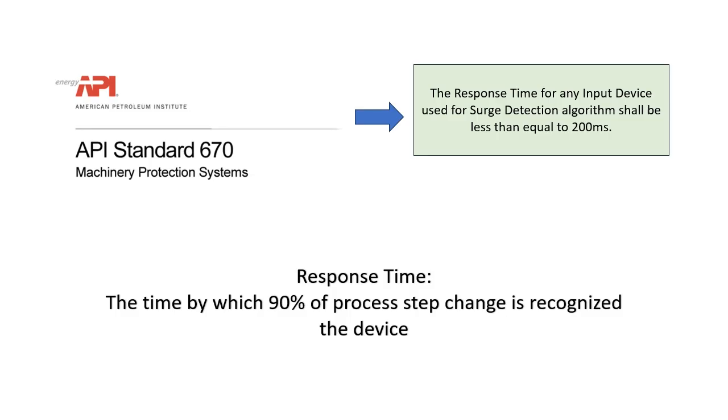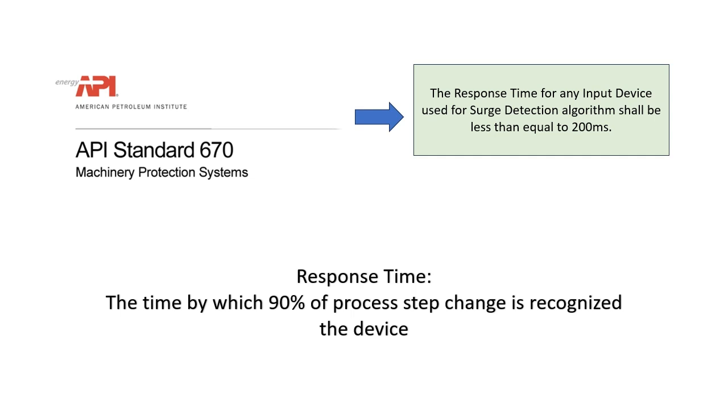Now, as per API standard 670, the response time for any input device used in a surge detection algorithm shall be less than or equal to 200 milliseconds. One important point here: in API 670, the definition of response time is the time by which 90% of the process step change is recognized by the device.